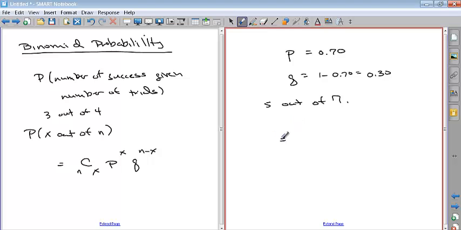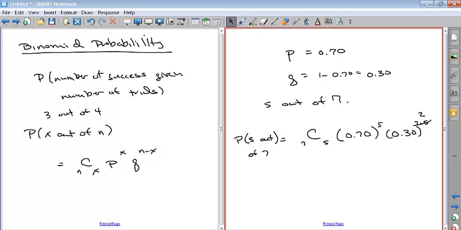So the probability of getting 5 out of 7 is 7 things taken 5 at a time, 0.7 to the 5th power times 0.3 to the 7 minus 5, which is 2. So it's the 2nd power. And then you multiply this together and you get the answer.